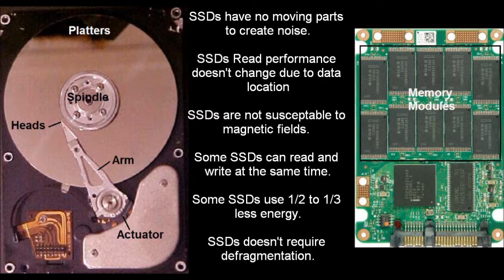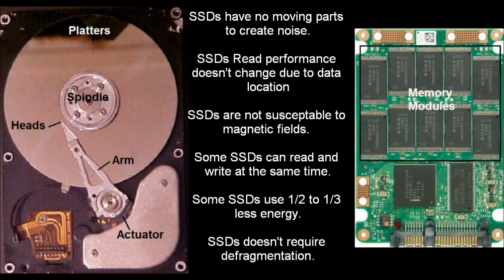Solid state drives' read performance doesn't change due to data location. Now, if you look to the left, you can see where the heads are currently located. For data in that area, the throughput is a lot slower. The reason for this is because the data is more tightly packed, so it takes longer to read data in that area.